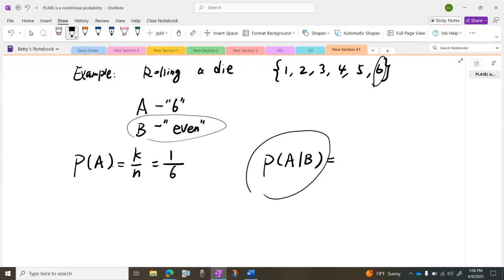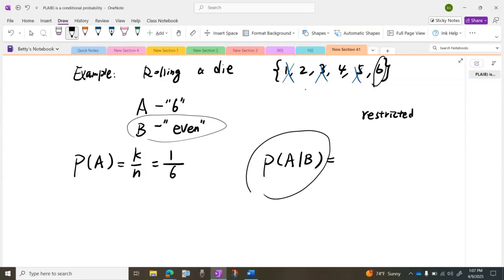Suppose we already know the number is even. Then in the sample space, we of course will not consider 1, 3, and 5, right? So when we have a condition attached, the original sample space actually does not apply. We actually have a shrunk or restricted sample space.